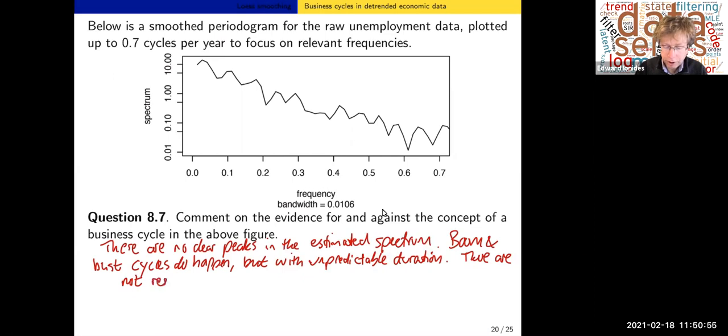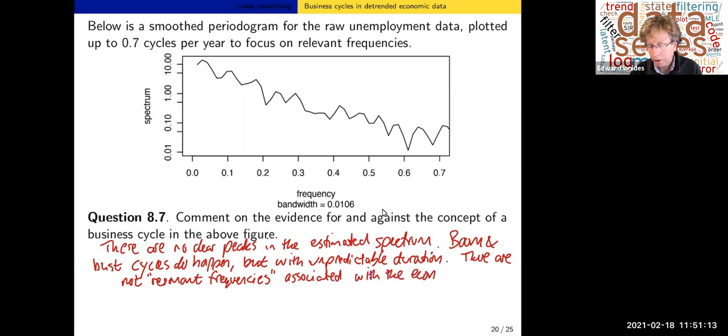There are not resonant frequencies associated with the economy. You could also argue that there are resonant frequencies, but the government does such a good job of damping them down by policy. So I guess there are always alternative explanations.